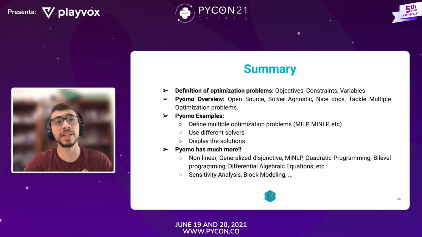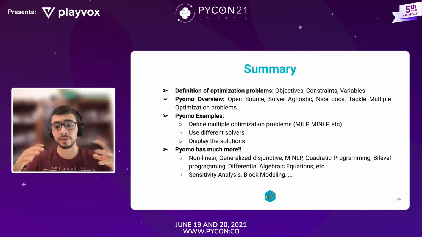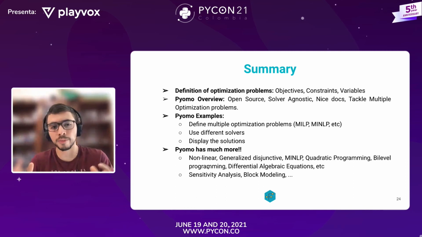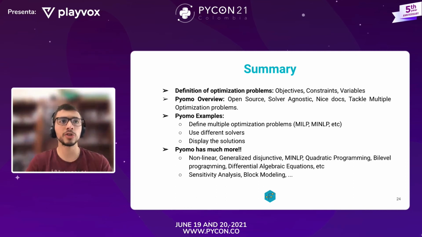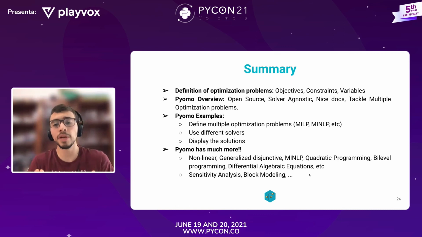Nice. But that's not all. Pyomo has many other things. It has a really broad environment, with multiple solvers and multiple problems that you can solve with Pyomo. You can solve nonlinear optimization problems, generalized disjunctive programming, mixed integer nonlinear programming, quadratic programming, bilevel programming, algebraic equations, and so on. Pyomo also has many capabilities to help you with some cool things, such as sensitivity analysis.